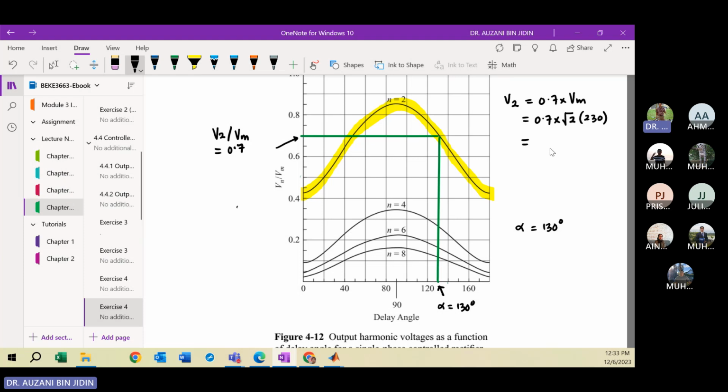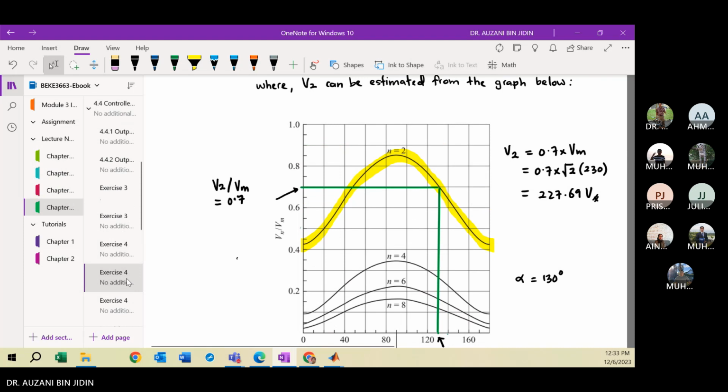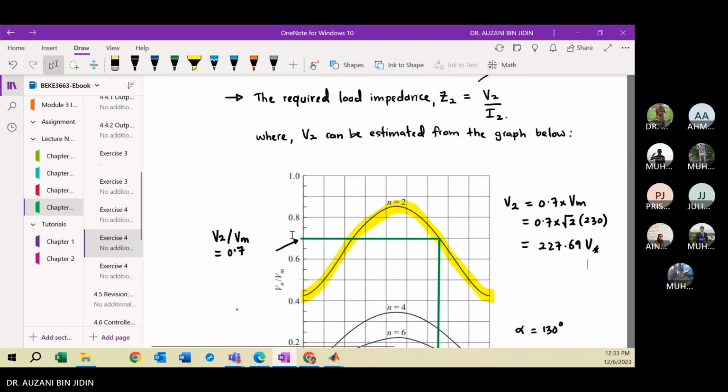So then here you get 227.69 volt. Okay, then you can apply this equation to calculate the required impedance.